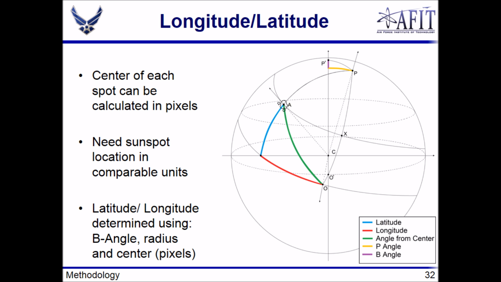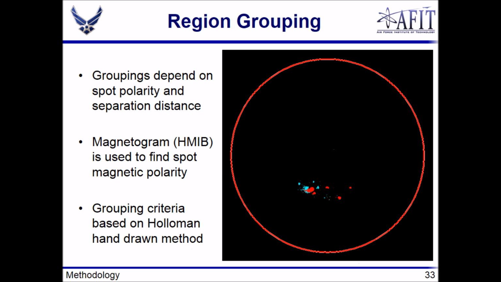Essentially, I have the radius and the center values in pixels, and I get the B angle, which is essentially the tilt towards or away from the observer, and I can use some spherical trigonometry to figure out the longitude and latitude of each of the sunspots.